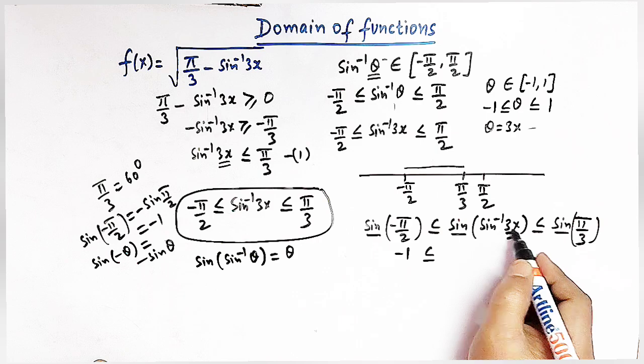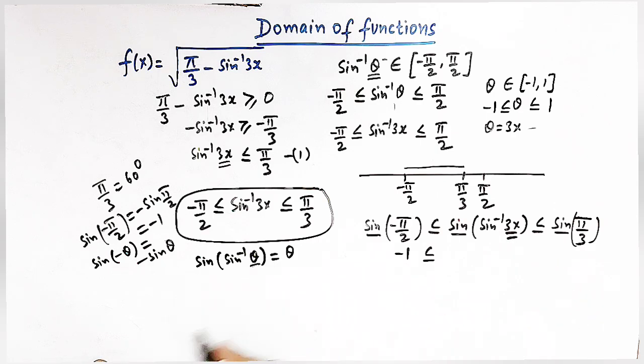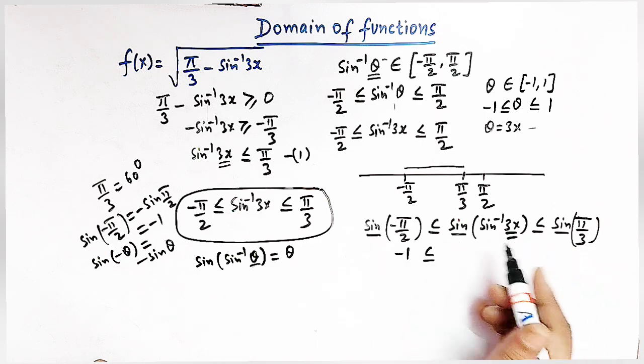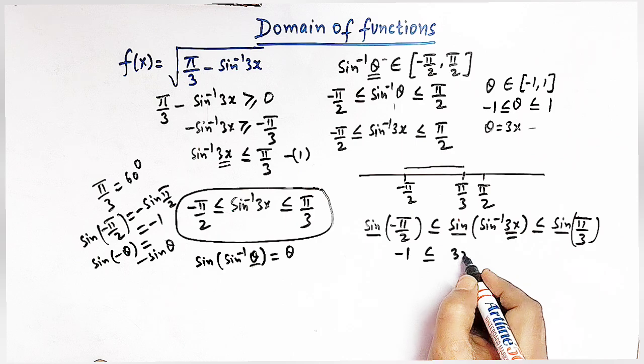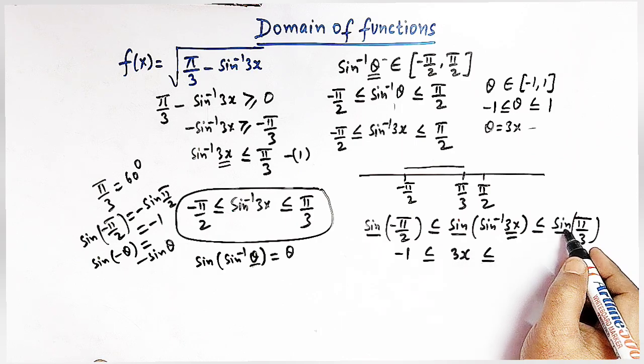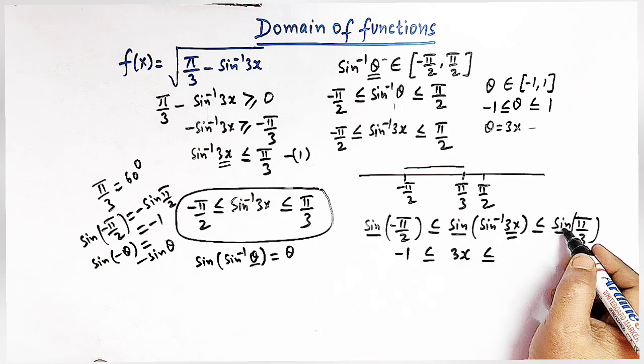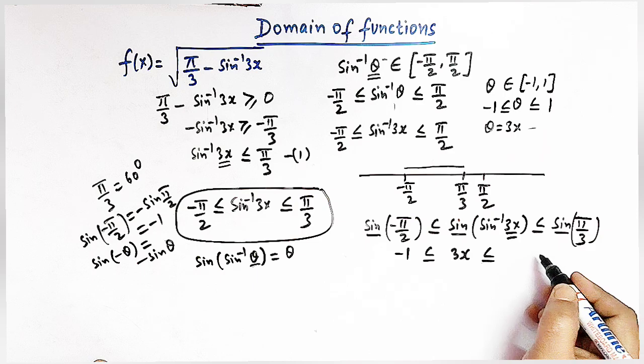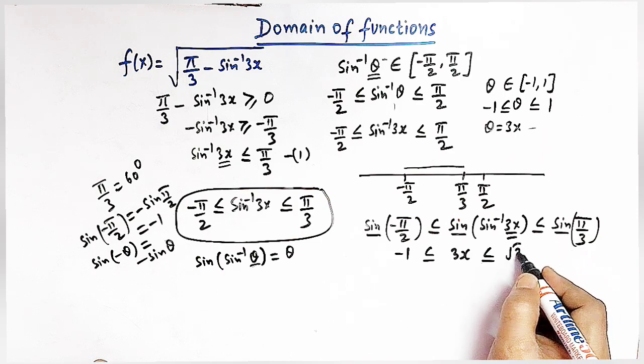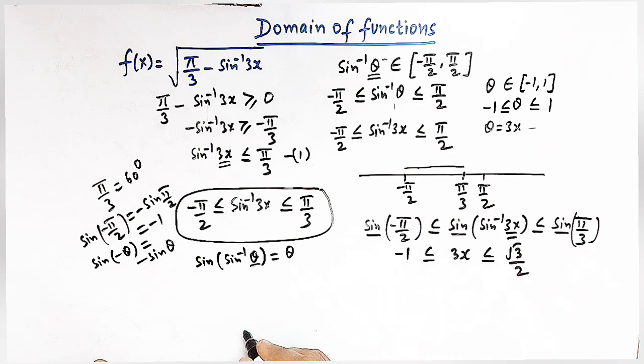So here we have 3x for theta. This quantity is now simply 3x, and here sine pi by 3. Sine pi by 3 is sine 60 degrees, that is square root of 3 over 2.